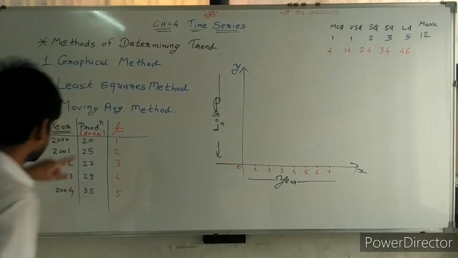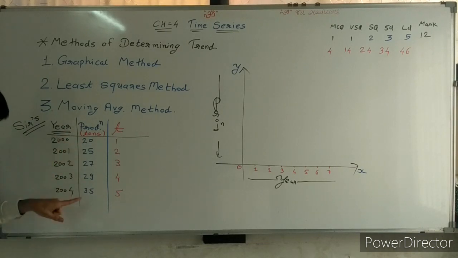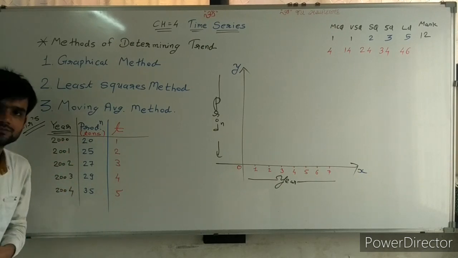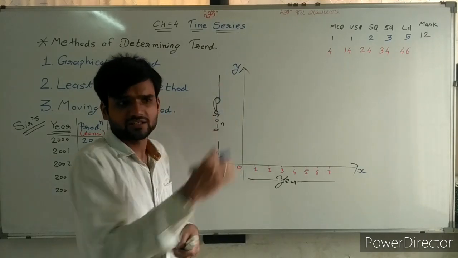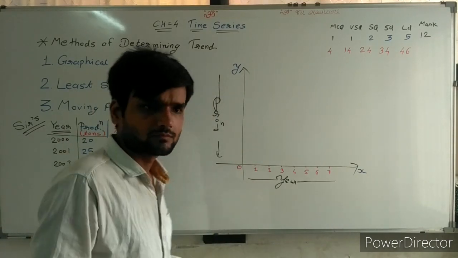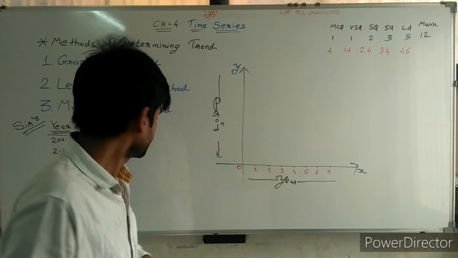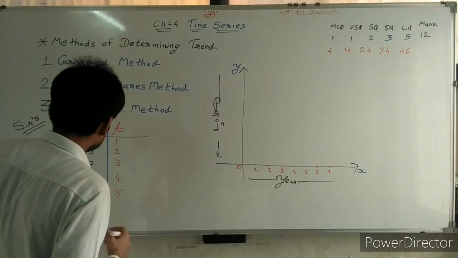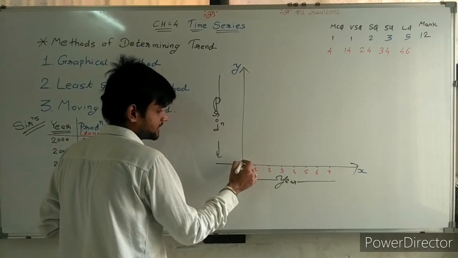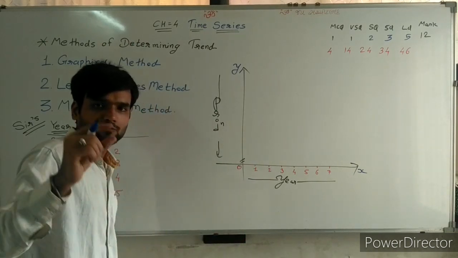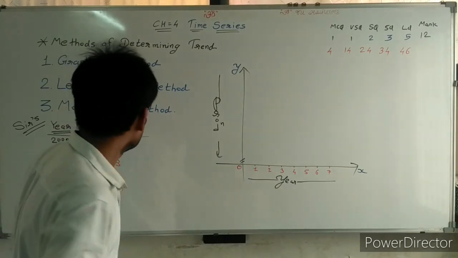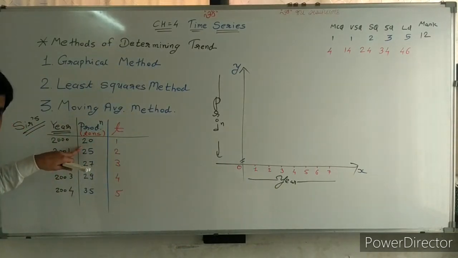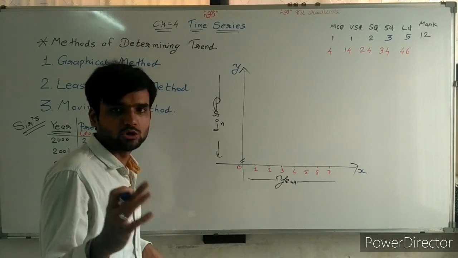Now, sir, 20, 35. We need to cover 20 to 35. How can I cover it? I can take a gap of 5, or 2, whatever you need to take. Suppose I am taking here a gap of 2. 1 centimeter is equal to 2 tons. That is the assumption; any value you can assume.